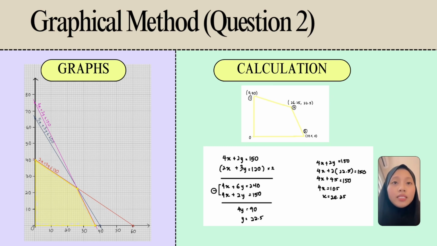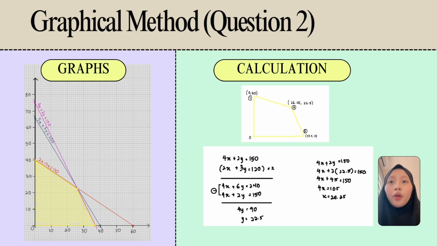To summarize, all equations are moving left downwards and followed with x and y greater than or equal to 0, which means that all overlap areas are equal to or more than 0. Based on all the overlap areas, we have created a feasible region.